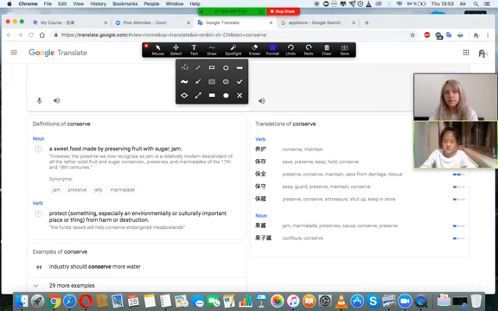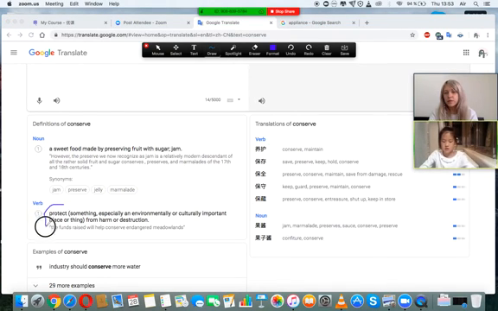Conserve as a verb. Let's read the definition.